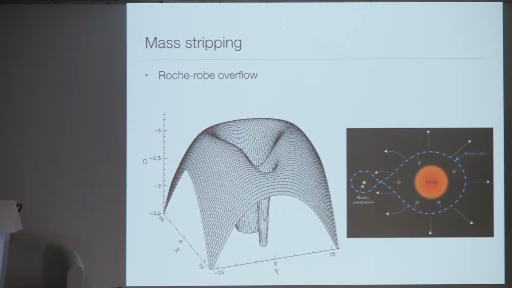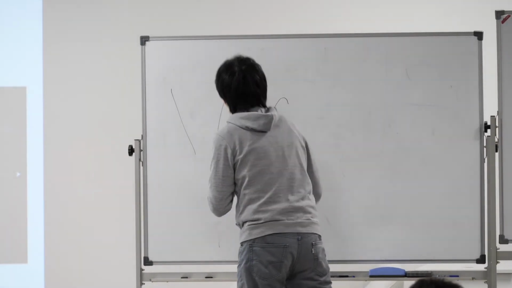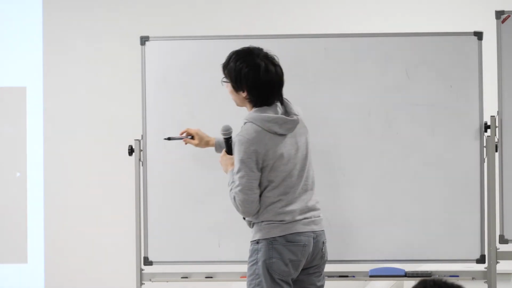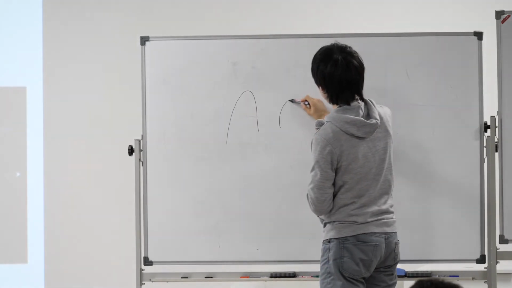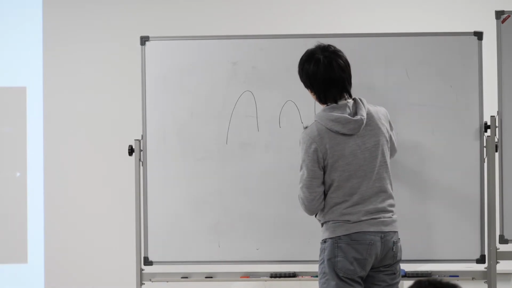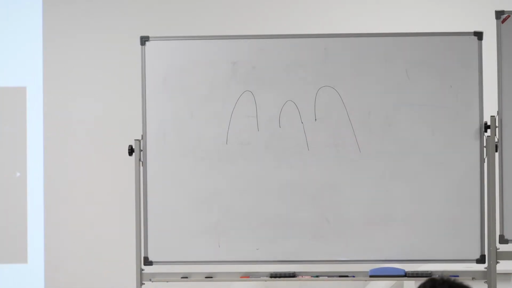If there's nothing, the potential is just like this. But if there are two stars, you have something like this. This is the gravitational potential, and I cut it in this way.